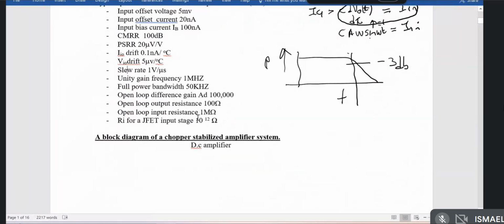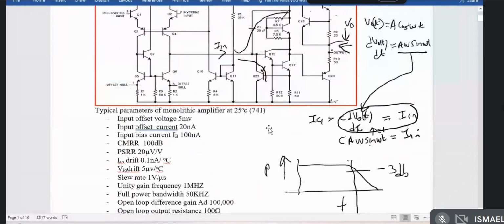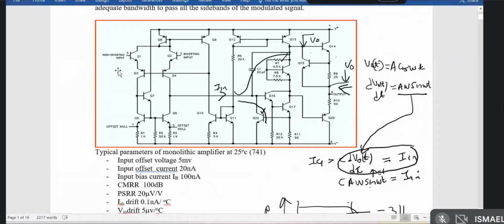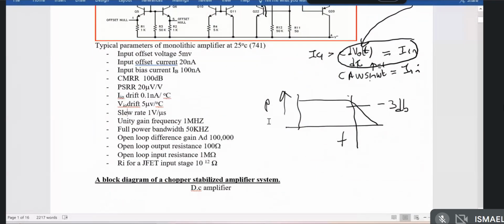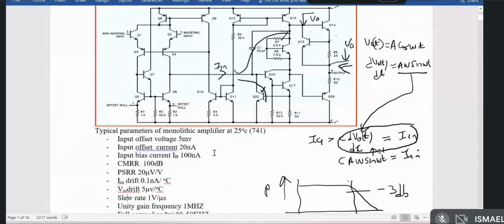The open loop input resistance is the resistance seen at the input of this circuit over here. It could be 1 megaohm, it depends on the design. Like this one, they're using Q1 as an emitter follower to increase the resistance, driving a common base circuit formed by Q3.